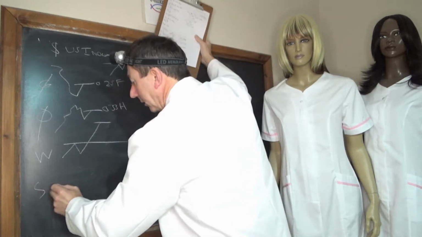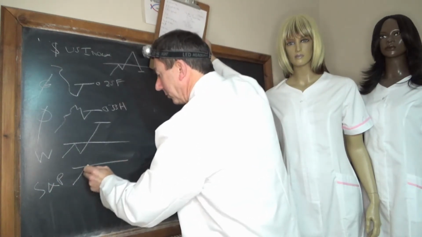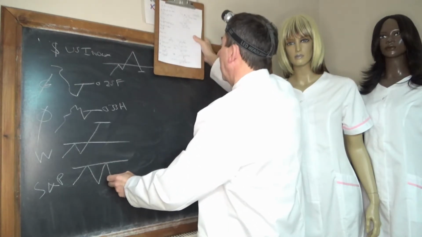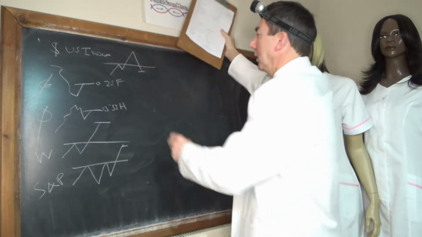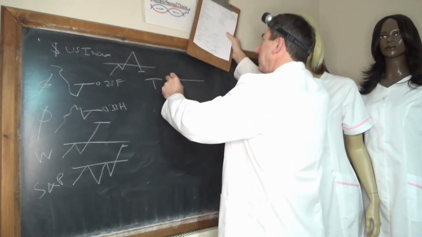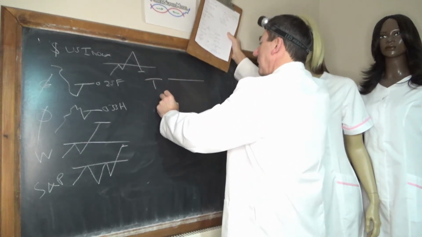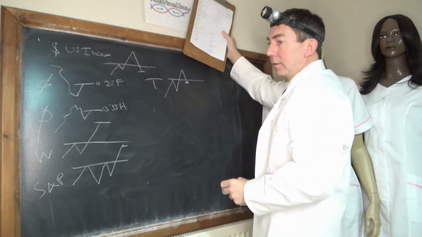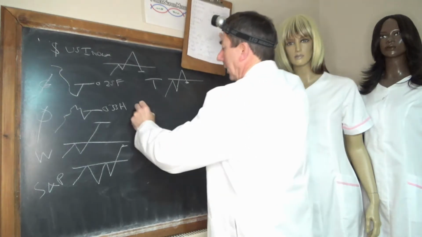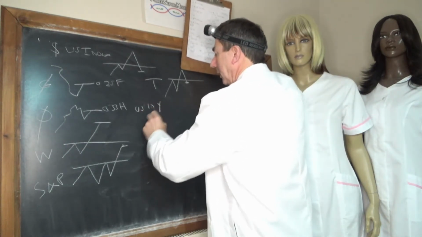S&P had this double top. It's broken significantly. It's come back just a small amount. The tech finally broke, but it's now back under that resistance point. US 10-year and the bund.